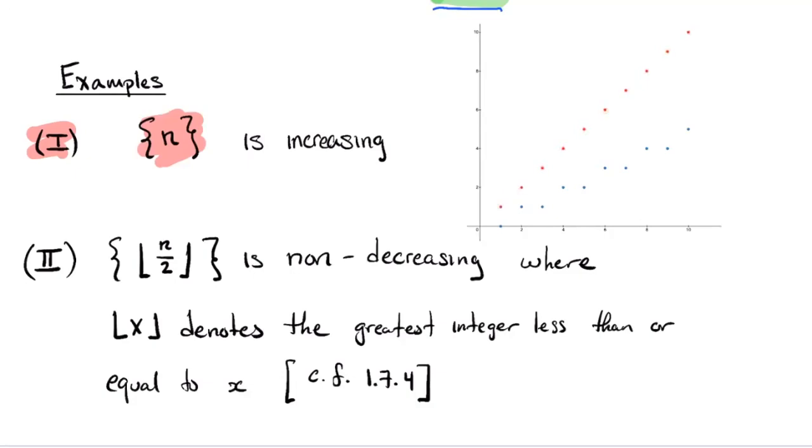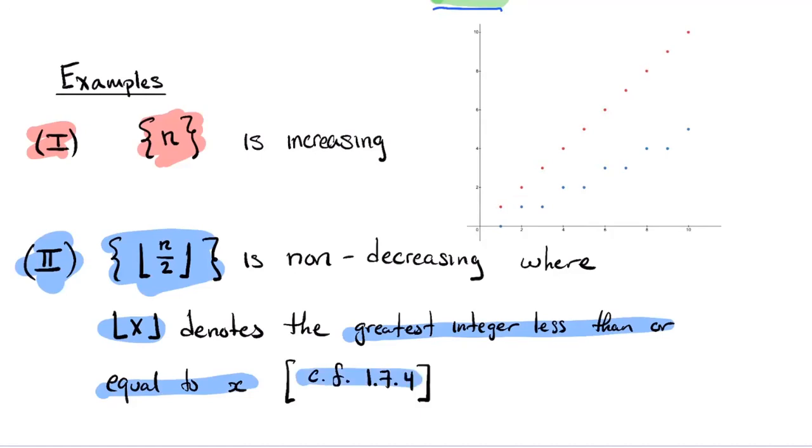The second example, drawn in blue in that same plot, is the sequence whose terms are the so-called floor of n over 2. So what's the floor of x? Well, it's the greatest integer that's less than or equal to x, where x is a real number. You proved that such an integer exists in your homework exercise 1.74.